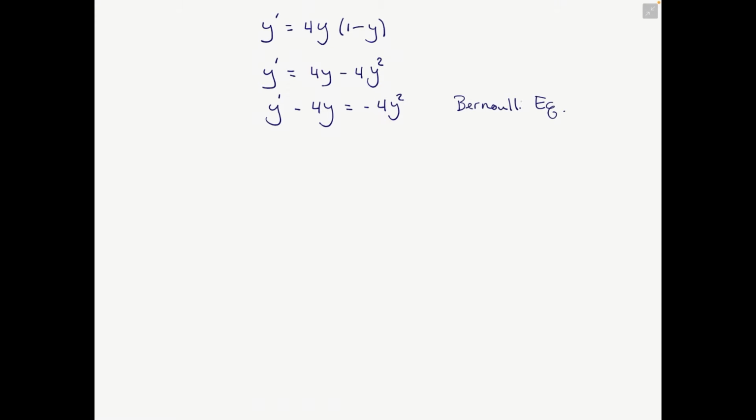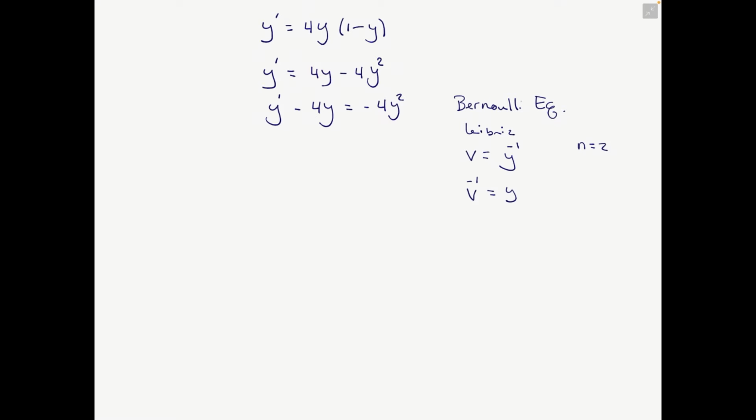and we can use the Leibniz substitution, so 1 minus n, because n is 2, 1 minus 2 is minus 1. So v equals y to the negative 1.